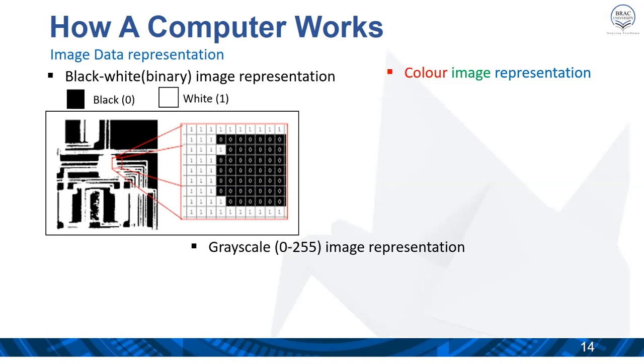And each pixel can be represented by a single binary bit, either 0 or 1. The black pixel is represented by binary bit 0, whereas the white pixel is represented by binary bit 1.